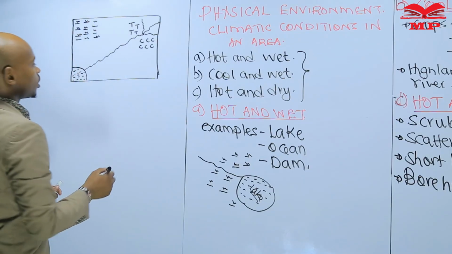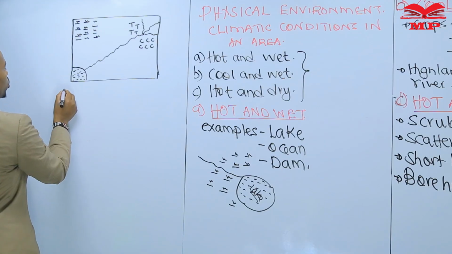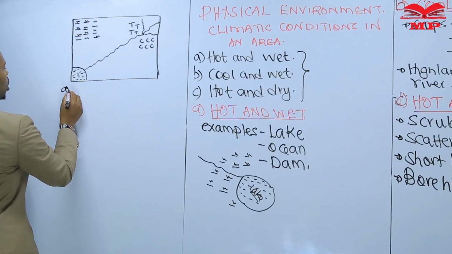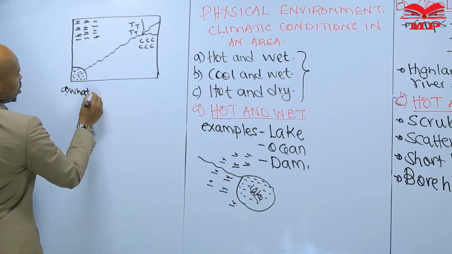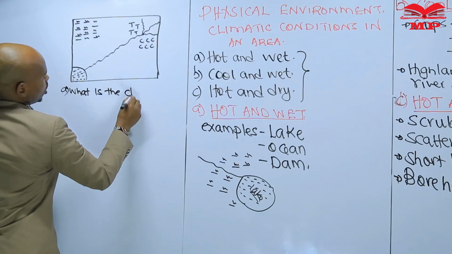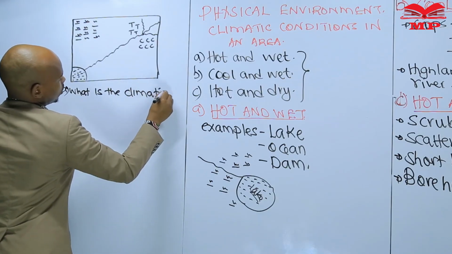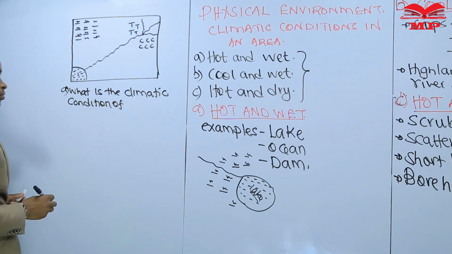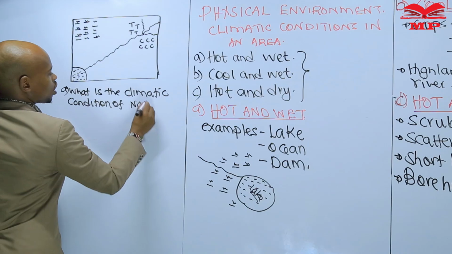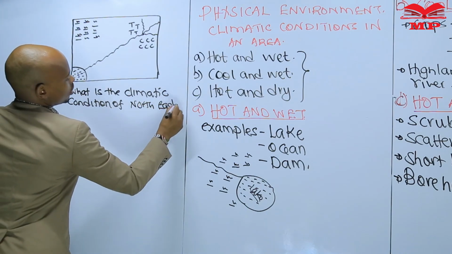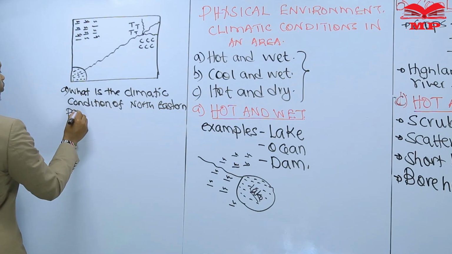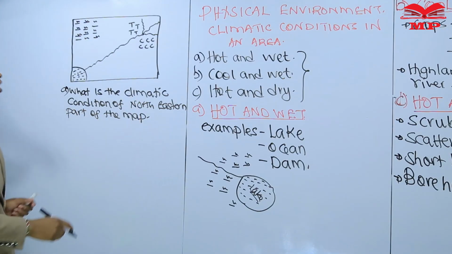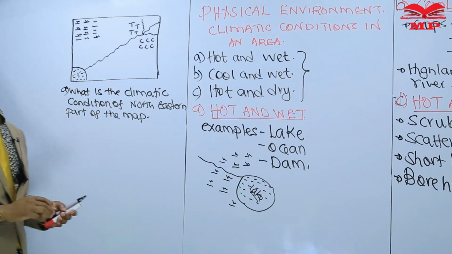For instance, let us try to give examples of questions. What is the climatic condition of the northeastern part of the map?